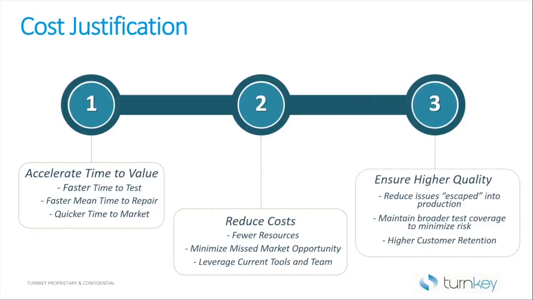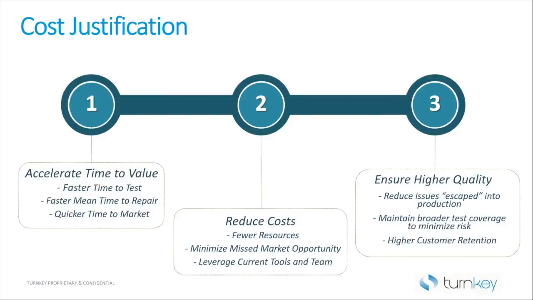At the end of the day, as our polling question indicated, we still need to ensure higher quality. We can't sacrifice quality at the altar of speed, and continuing to focus on reducing issues that escape into production, or production outages, is very important.